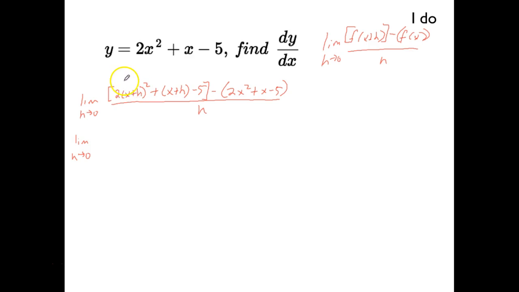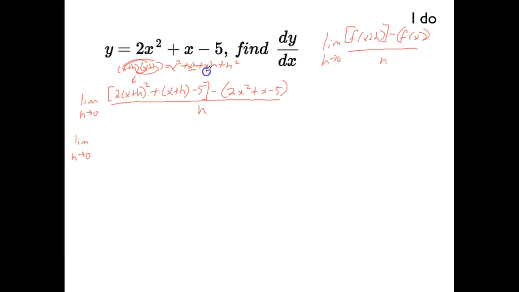Okay, first thing is this x plus h squared, that's the same thing as x plus h times x plus h. That's what that means. So why don't we do this on the side real quick. X plus h times x plus h. That's going to give us x squared plus xh plus xh plus h squared.